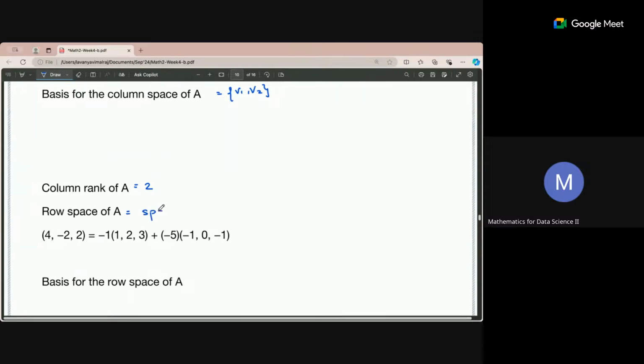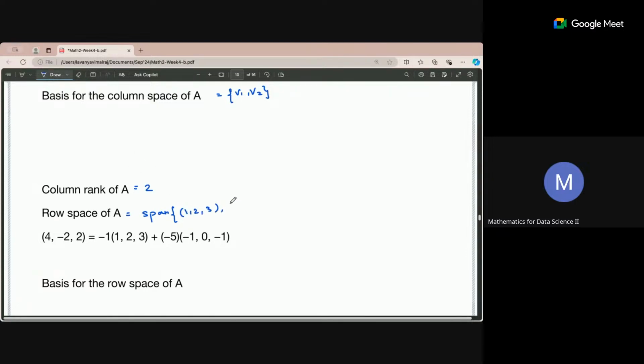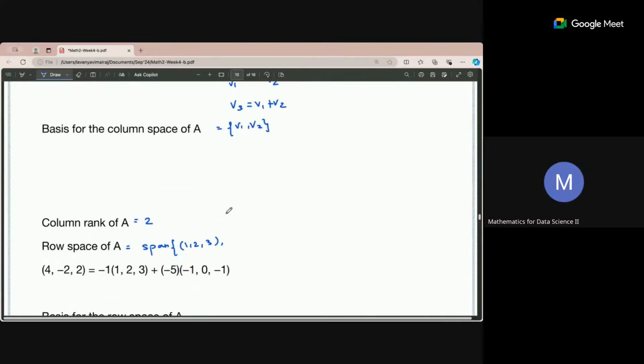And what is the row space of A here? It is the span of the first vector, which is (1, 2, 3), and then (-1, 0, -1), and then (4, -2, 2).